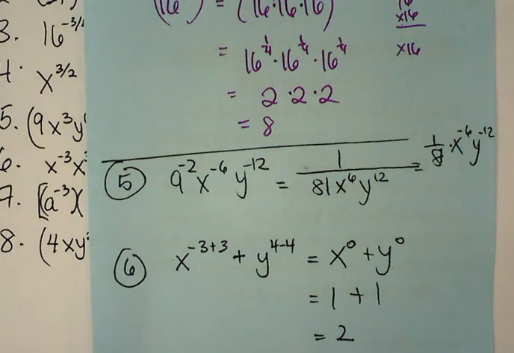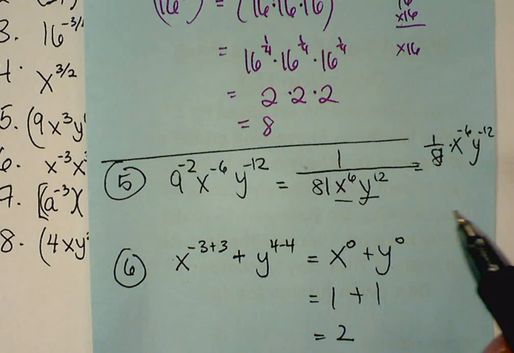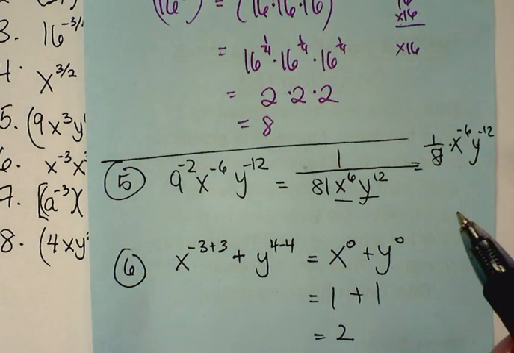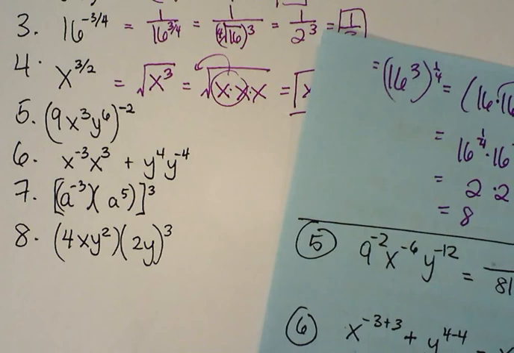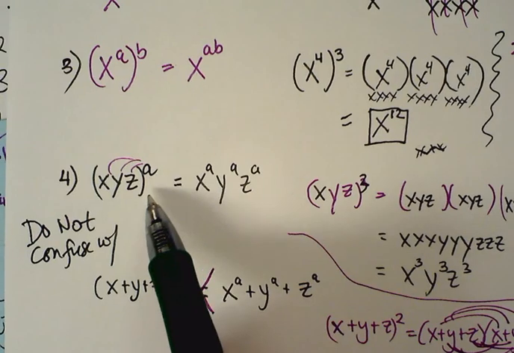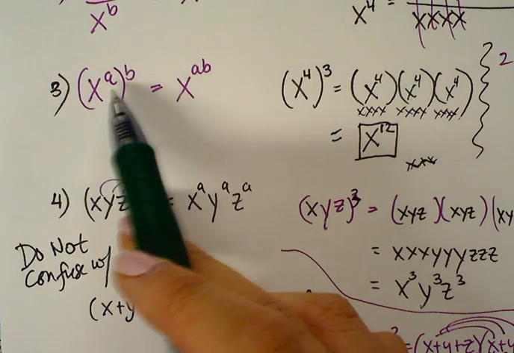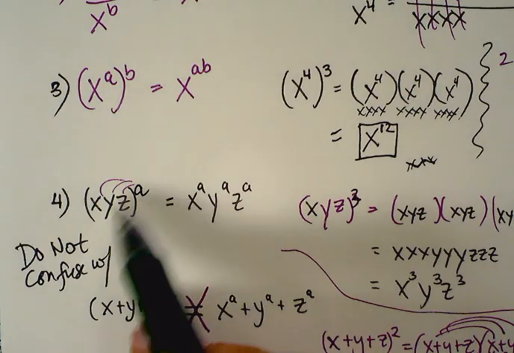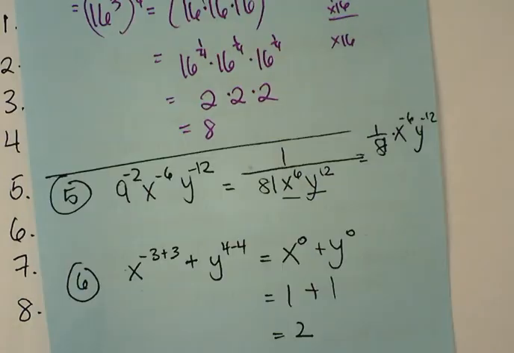Oh, because you could do that, remember? When you have this, you can multiply and you can distribute when it's multiplied. I got 75%. That's why you can't just memorize the rules. You have to understand.